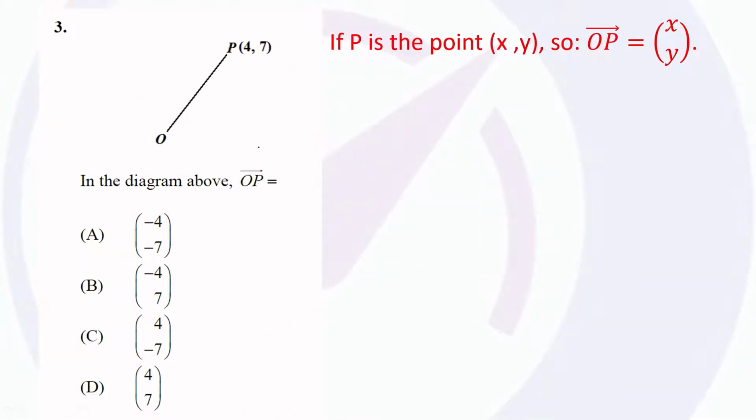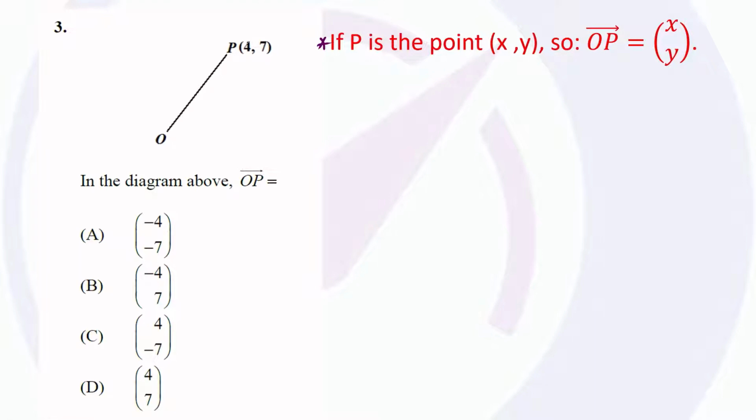Question 3. If P is the point x, y, just a notation here, then OP is the same thing, x, y. If we get a point 4, 7, this point can be written as a column vector OP.